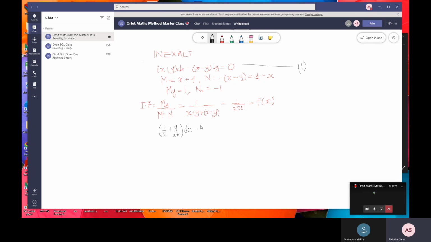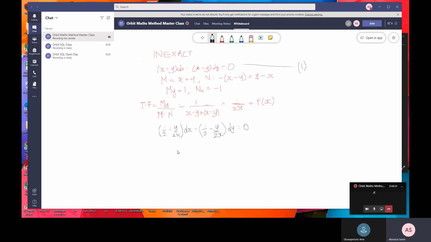Then minus into brackets, this is going to give us x all over 2x, that's 1 over 2, minus y over 2x, dy is equal to 0.